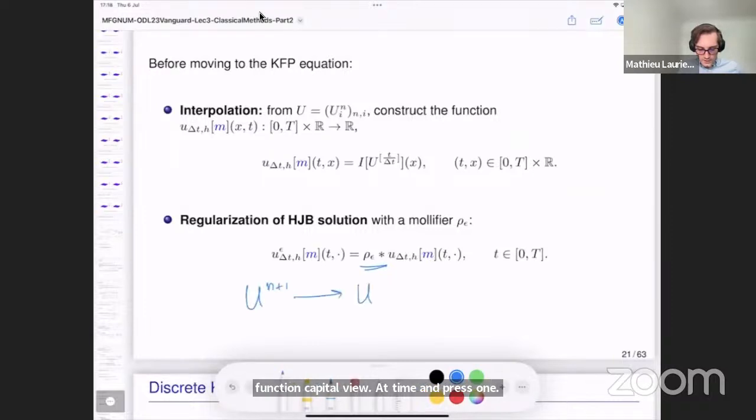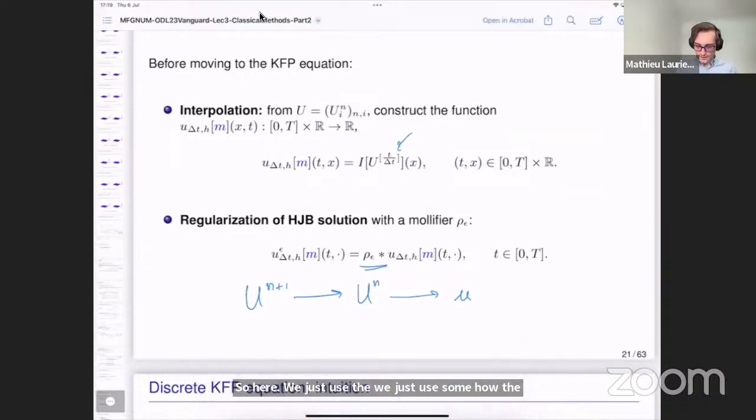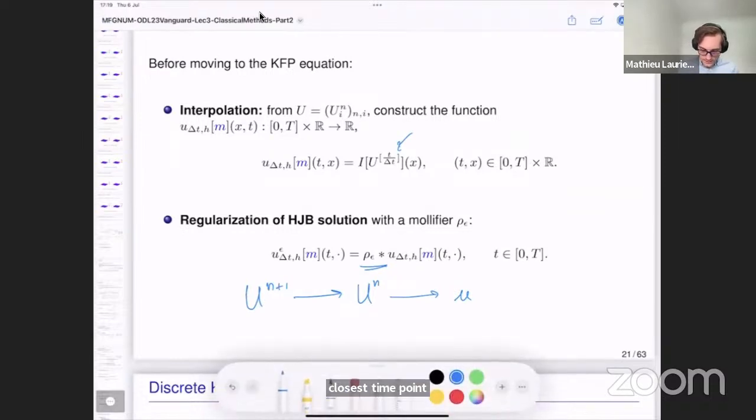From here, I obtain U at time n, and then I get the function little u. In fact, at any point in time if I want, because I can take t divided by delta t. Here we just use somehow the closest time point. And U here is a vector for different i. Sorry, and this one is a function of t and x.